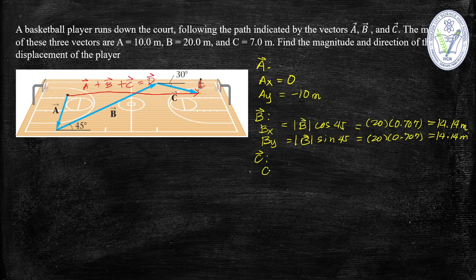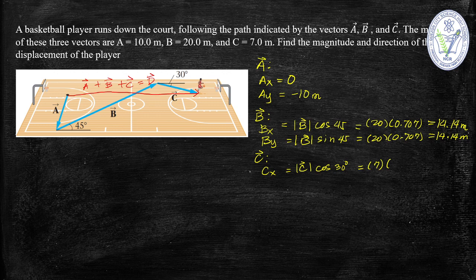So Cx is equivalent to the magnitude of C cosine 30. So that would give us 7 times cosine 30.